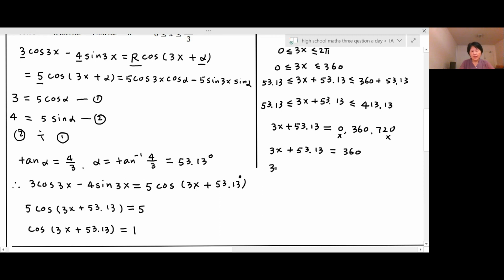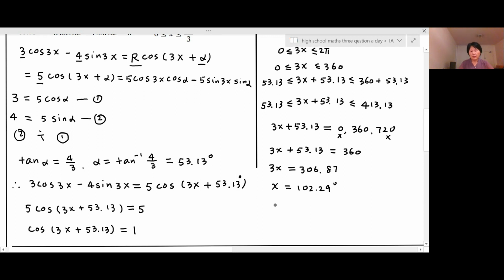Now 3x is equal to, I move the 53.13 to the right hand side. So this is 360 minus 53.13, which gives me 306.87. Then divided by 3, so x will be equal to 102.29 degrees.